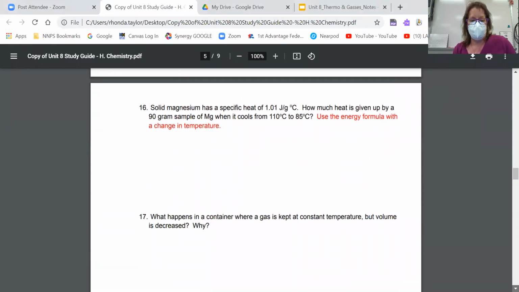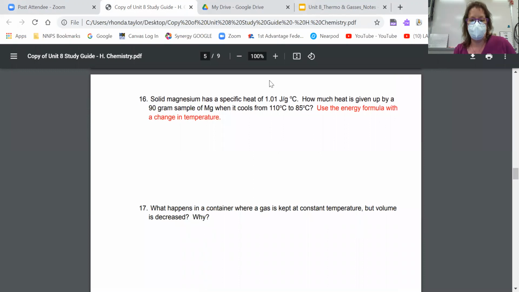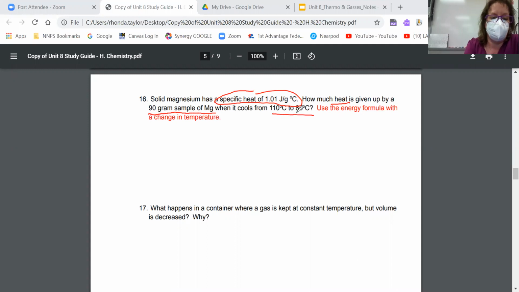All right, so let's look at number 16. We are looking at magnesium. Here is our specific heat here. How much heat and energy is given up by a 90-gram sample of magnesium, and here's your temperature. So we're looking at our Q equals MC with our temperature change.